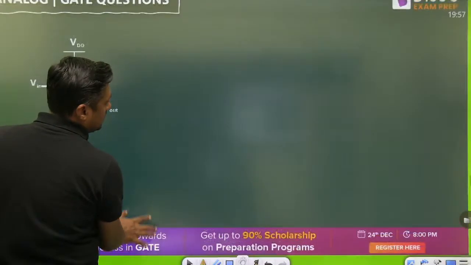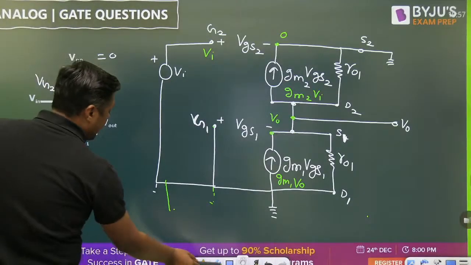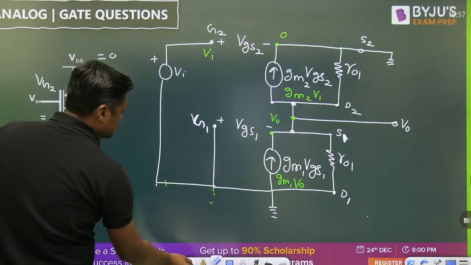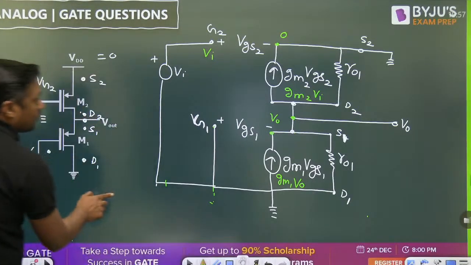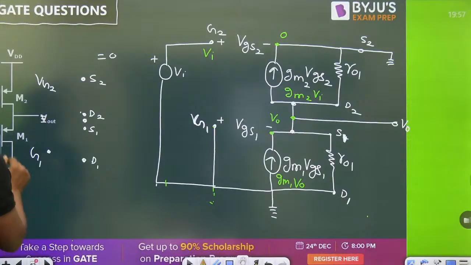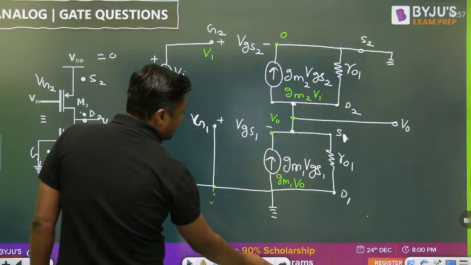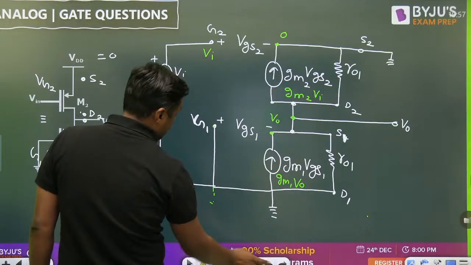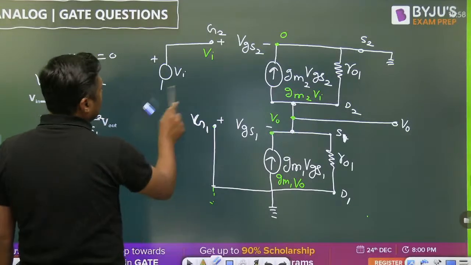Not possible. Directly write KCL. I want a space, so okay, I will create a space here.